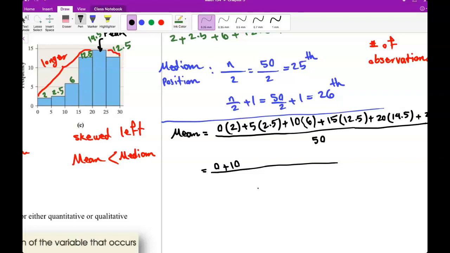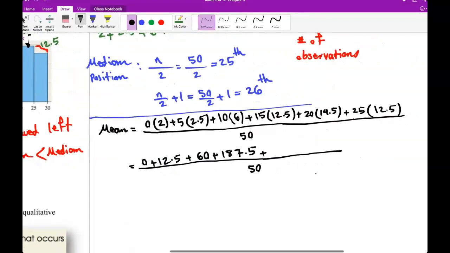12.5 plus 60 plus 187.5. Here denominator is 50. 290, 312.5.